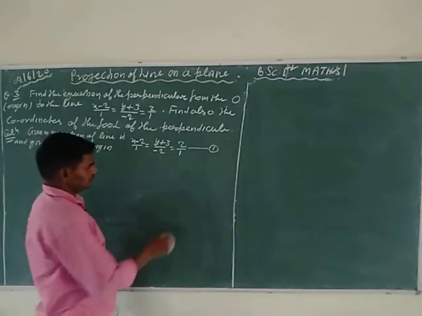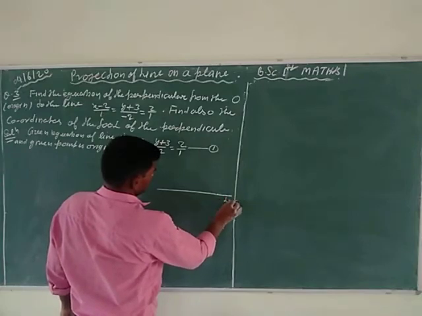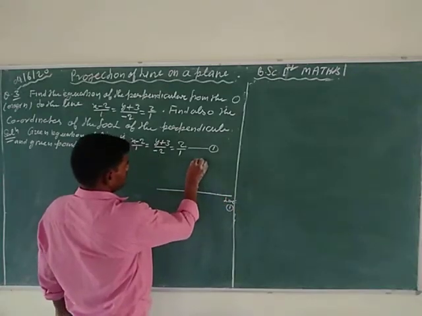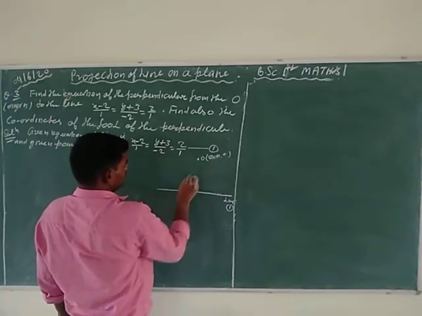First draw a figure. Suppose that is line first, and suppose that is the point origin whose coordinates are 0, 0, 0.